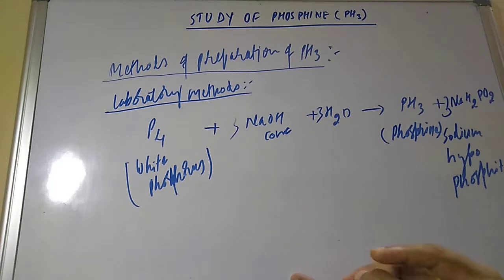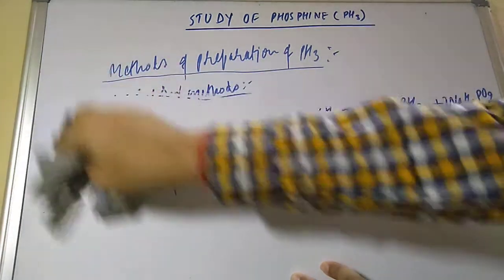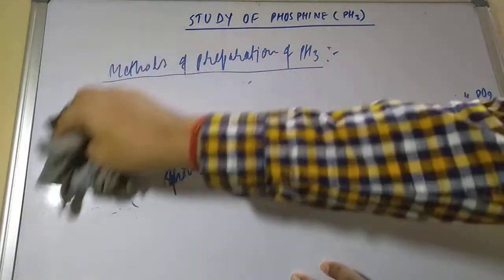What are the other methods? We can also prepare PH3 from calcium phosphide. So, the second method is from calcium phosphide.